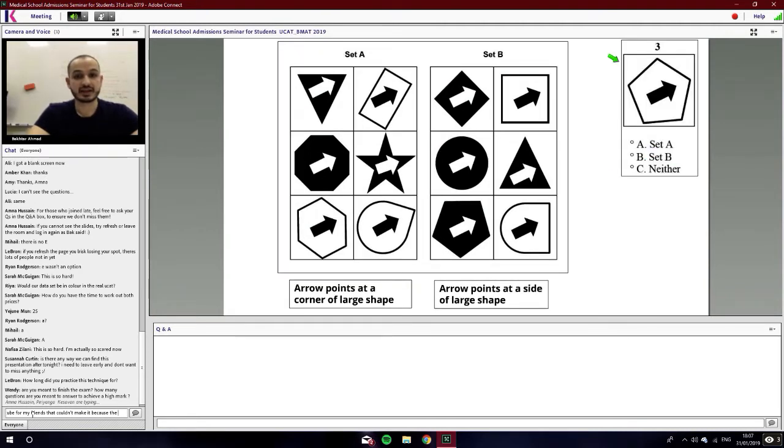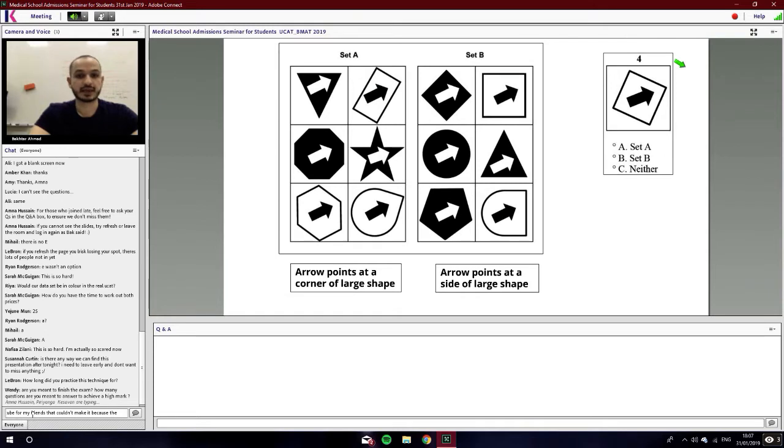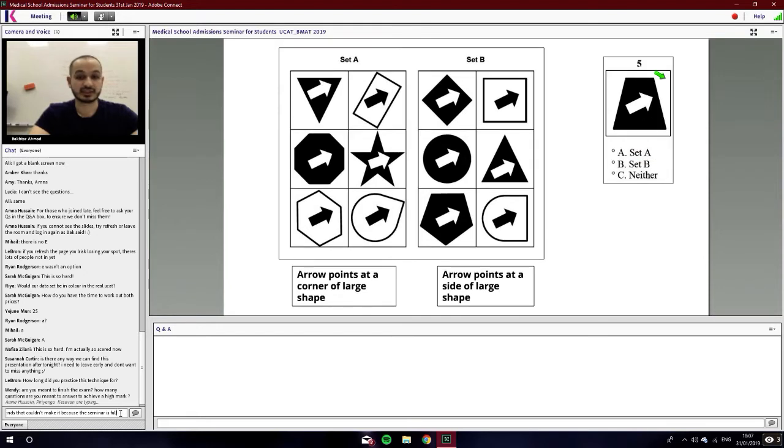Option number 3 is pointing to the top right, kind of, which is good, and it's pointing to the corner of the shape, which means it must be A. Option number 4, again, pointing in the right direction and to the corner, so it must be A. And then finally, pointing in the right direction and towards the edge of the shape, so that one is B.